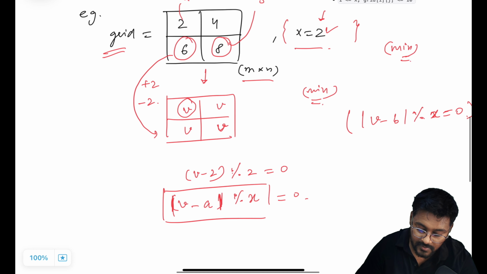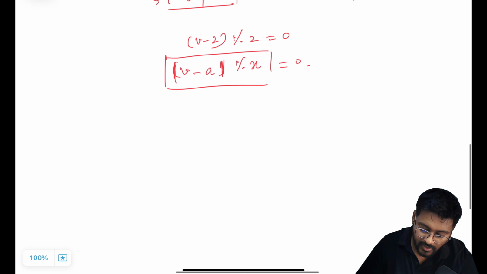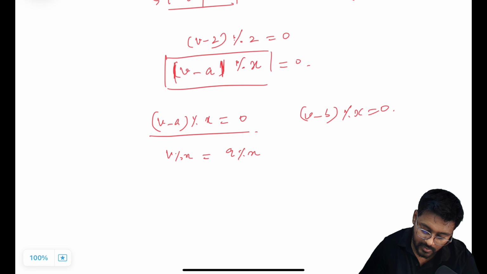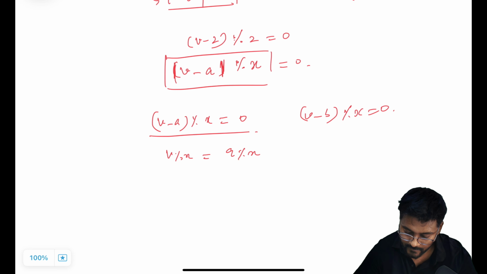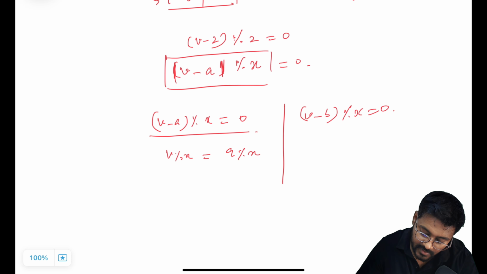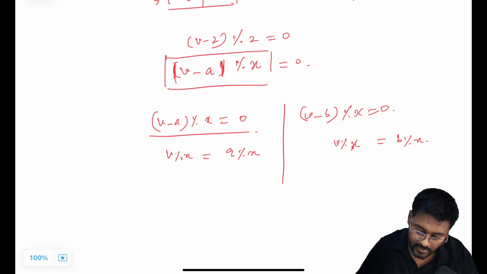If I pick a and b, in short I can write: v minus a modulus x is equal to 0, and v minus b modulus x is equal to 0. If I expand this, v modulus x is equal to a modulus x, and v modulus x is equal to b modulus x.